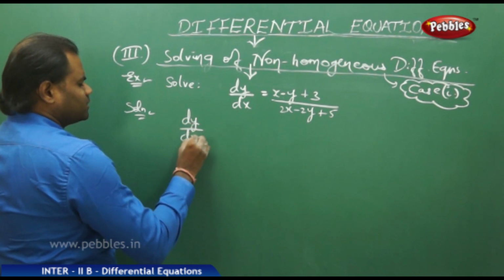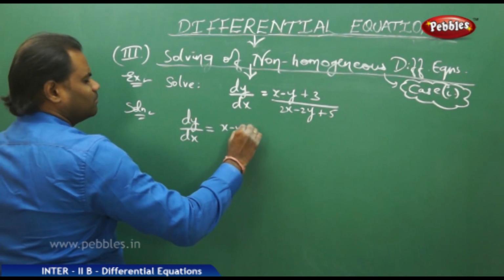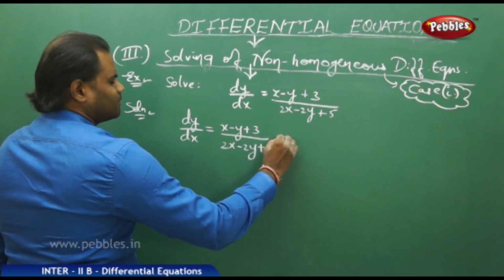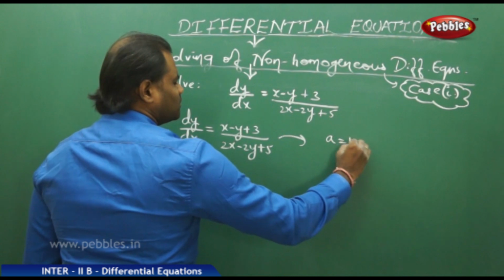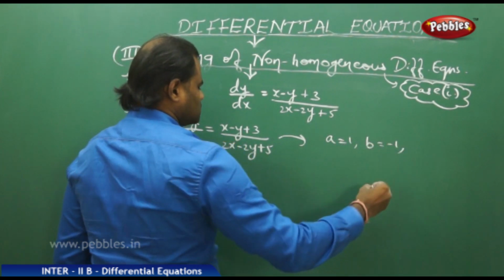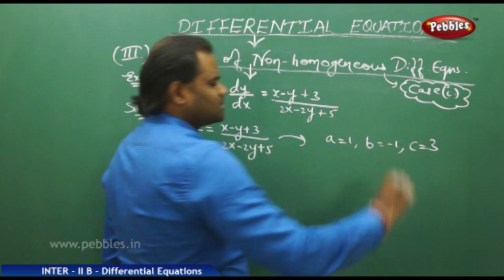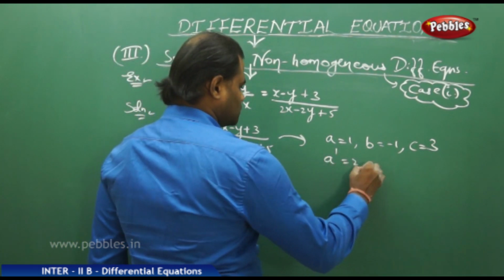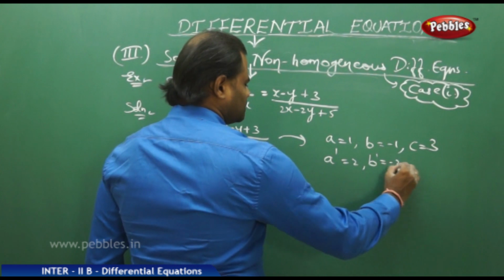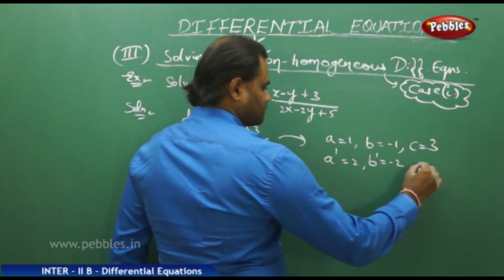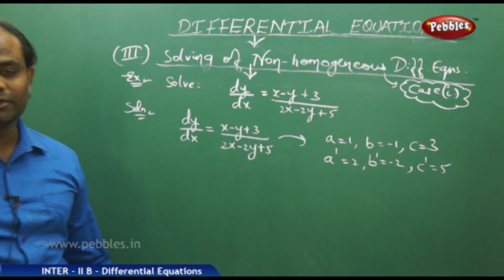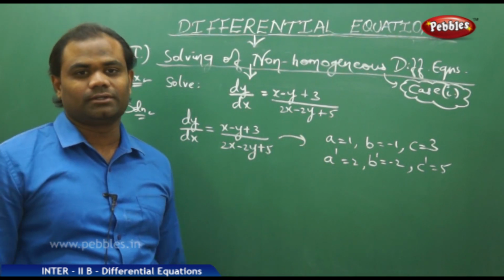So the given differential equation, taken in this form, clearly gives a equals 1, b equals minus 1 and c equals 3, and a dash equals 2, b dash equals minus 2 and c dash equals 5 when compared with the original non-homogeneous differential equation.